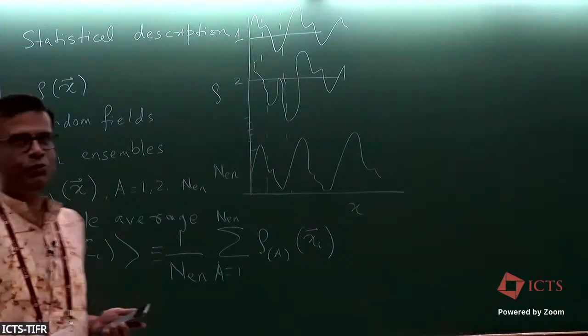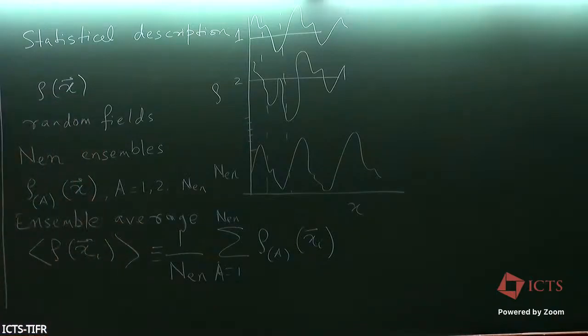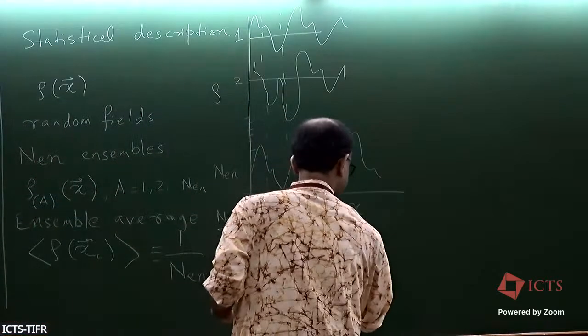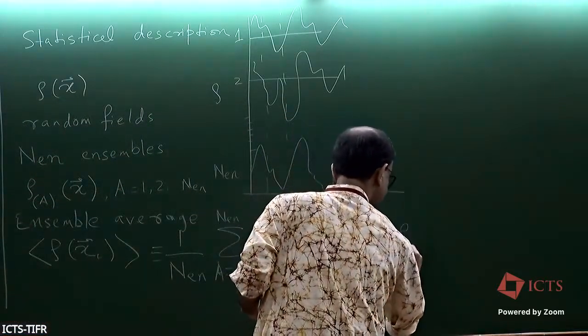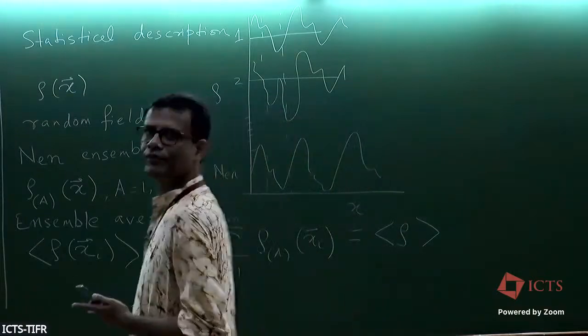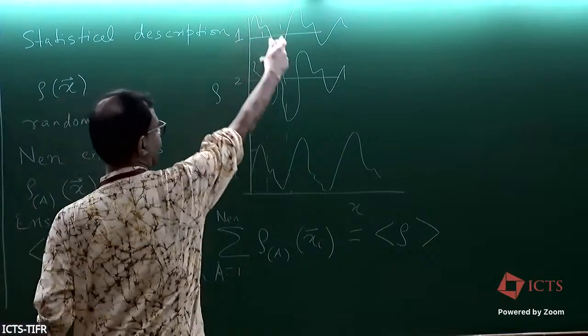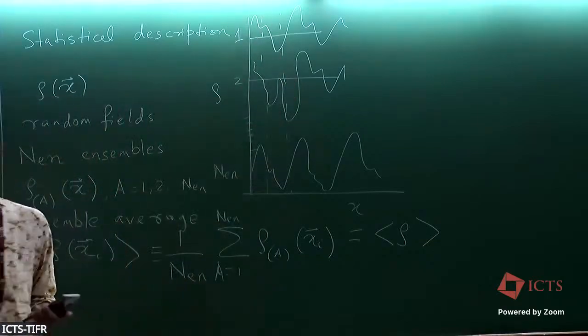Now the first point here. If the universe is statistically homogeneous, then this ensemble average cannot depend on the position x. So this should be just rho bar. No matter where you compute this average, it should be the same.